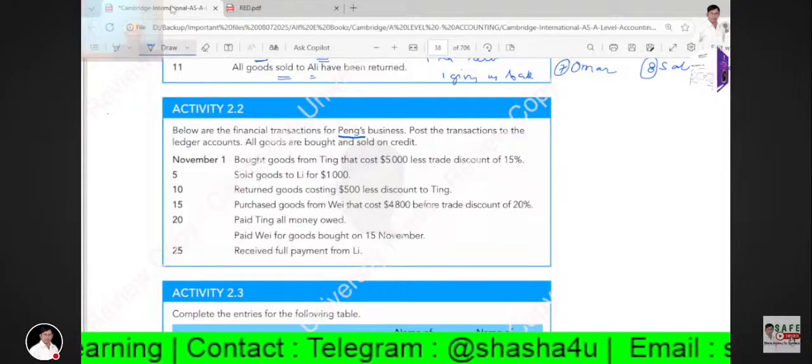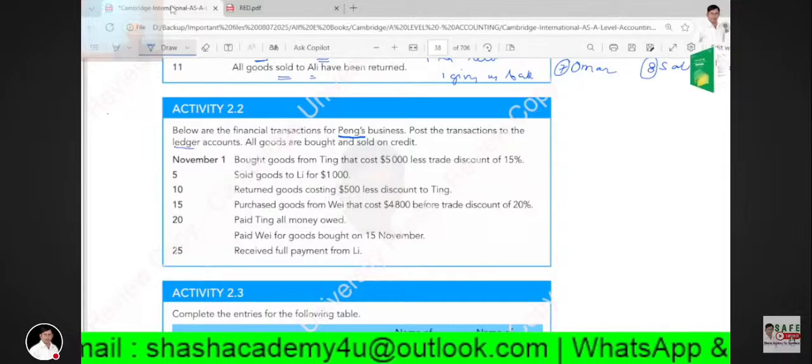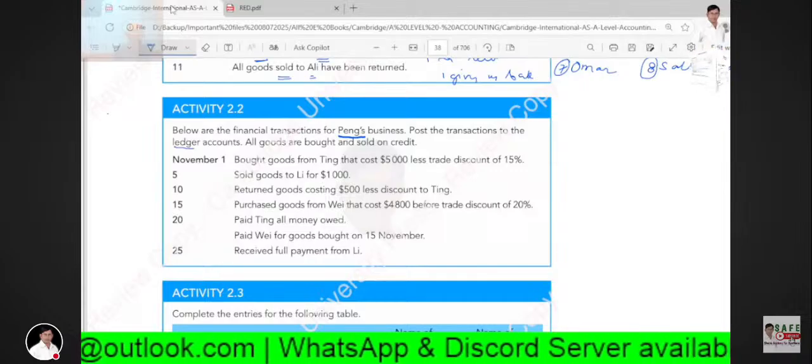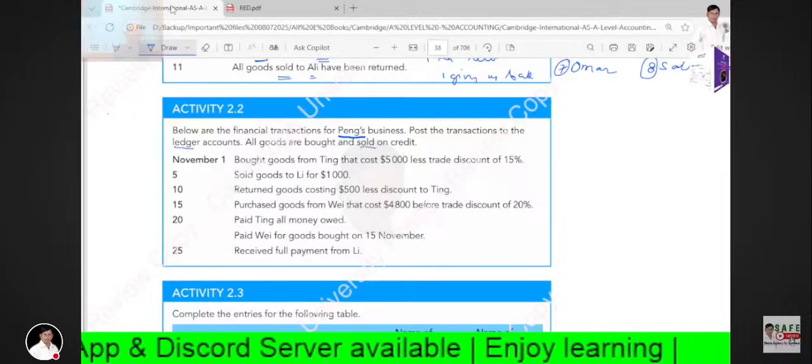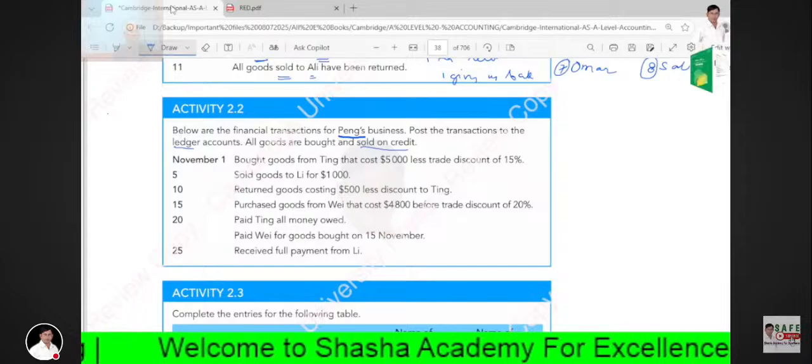Post the transactions to the ledger accounts. All goods are bought and sold on credit, so no cash payments, no bank payments. All goods are bought and sold on credit.